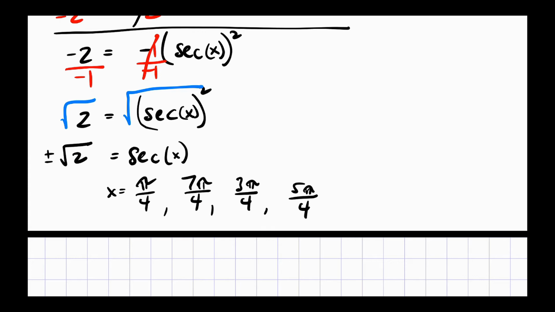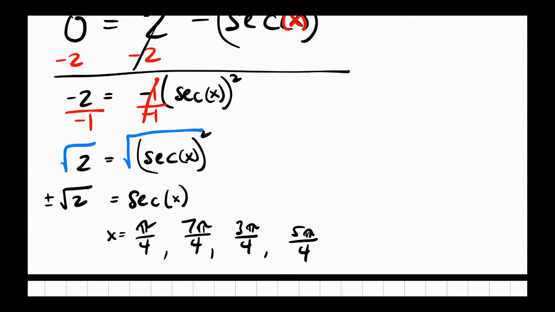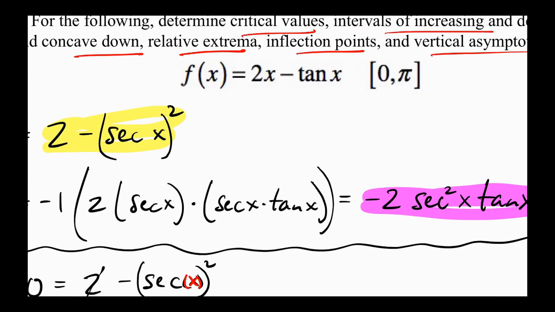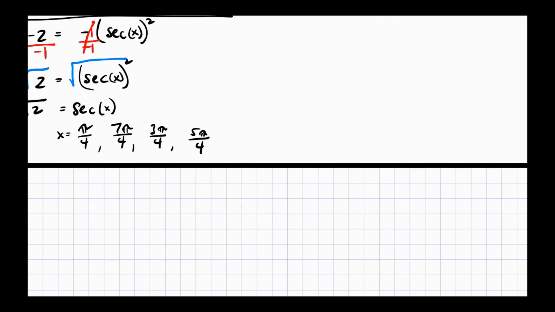So what should I do before I start going to the first derivative test and look for increasing, decreasing? What should I do first? There you go, yeah. Interval, interval, interval. It only goes from 0 to pi. Anything that's not in that interval, I don't want.